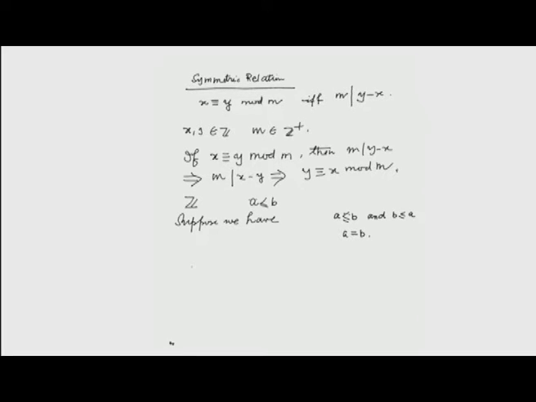So, we see that if a is less than or equal to b and b is less than or equal to c, this implies a is less than or equal to c. Thus, it is a transitive relation. We will see other examples of transitive relation soon.